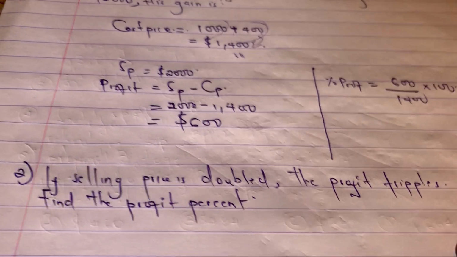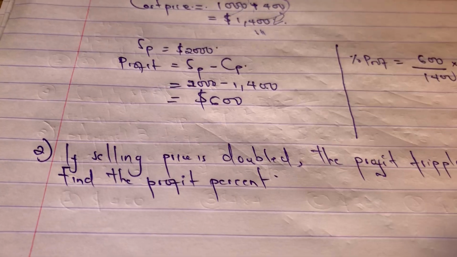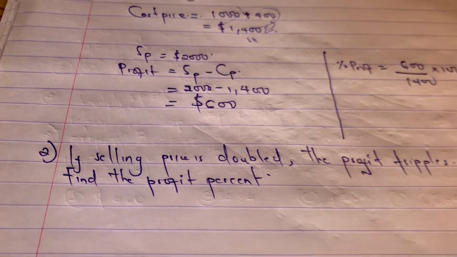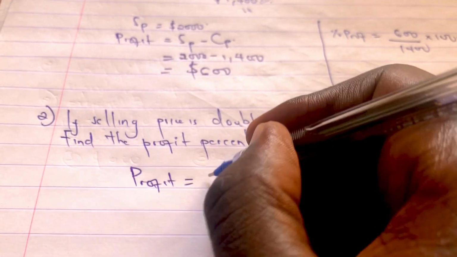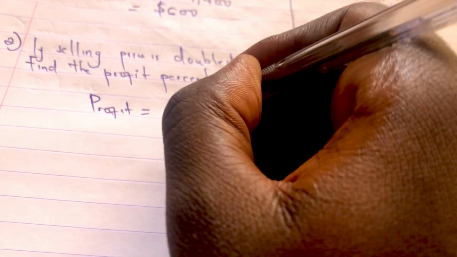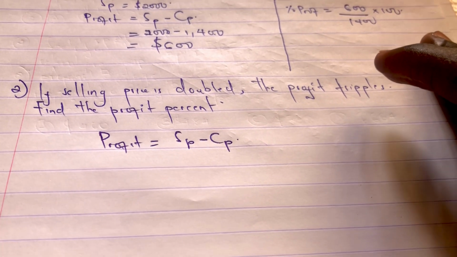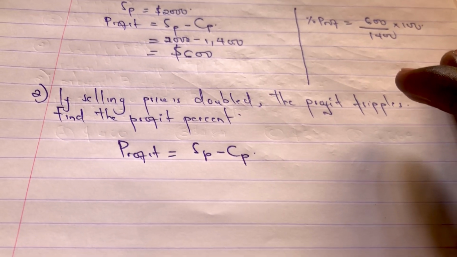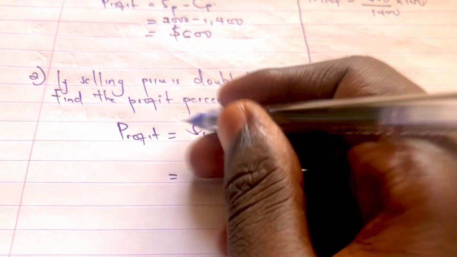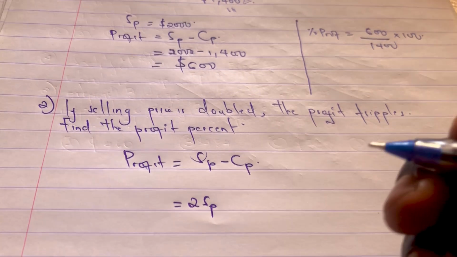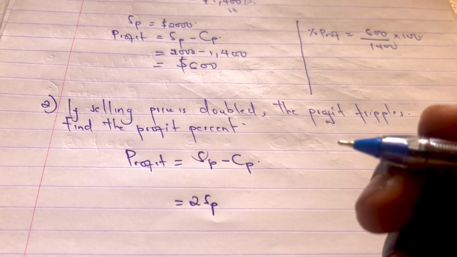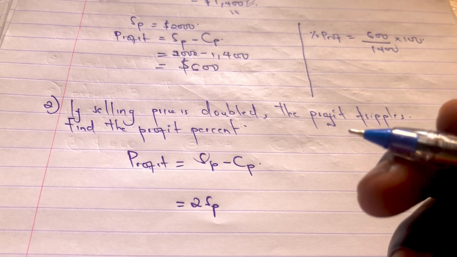This is very simple. Remember, we said our profit equals the selling price minus the cost price. Are we together? They've said if the selling price doubles, our selling price here has doubled, so it becomes 2SP. And they've said here the profit will triple.